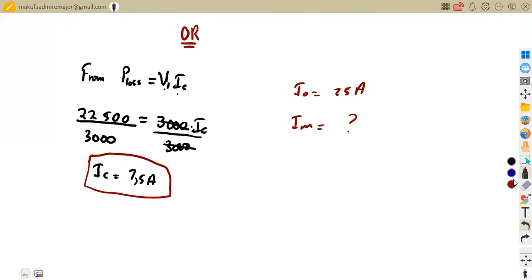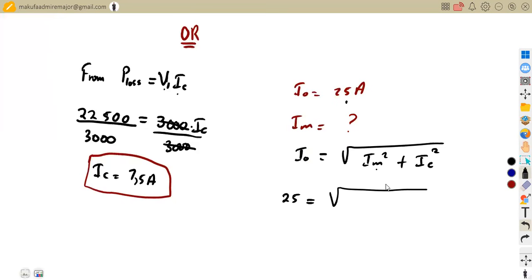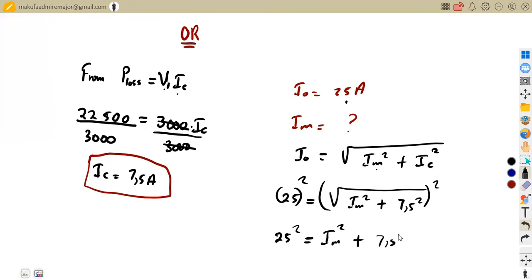So from our currents, I naught, which is the no load current, is equal to the square root of IM squared plus IC squared. As we are supposed to calculate IM, you can simply substitute I naught, which is 25. So 25 is equal to the square root of IM squared, the one we are supposed to calculate, plus IC, which is 7.5 squared. We square both sides, so that is how you could have calculated the same answer that we obtained. It's going to be IM squared plus 7.5 squared.